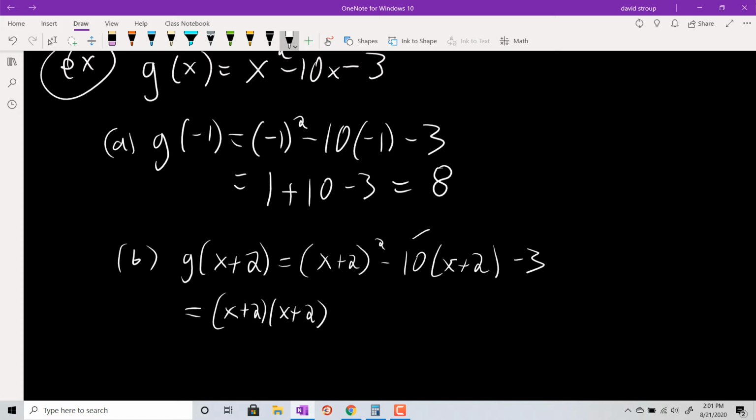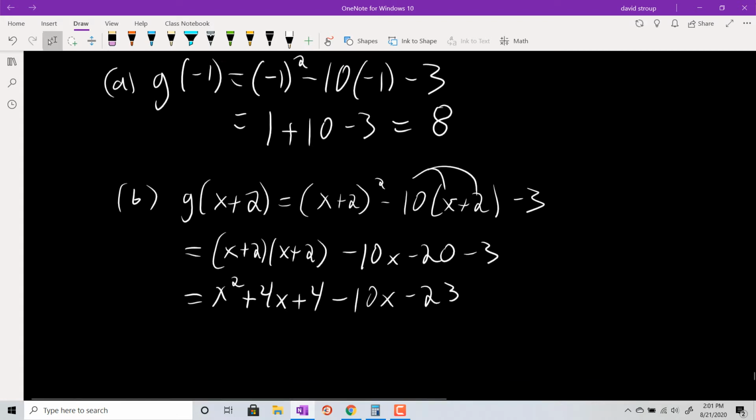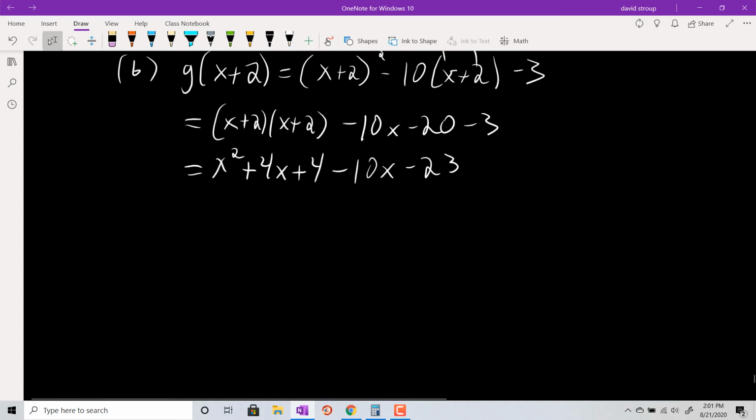The second term, I'm distributing the negative 10. x plus 2 times x plus 2 is x squared plus 2x plus 2x is plus 4x plus 4 minus 10x. Negative 20 minus 3 is negative 23. You want to simplify these, right? You just don't want to leave them as is. Combine like terms, and we get what we get.